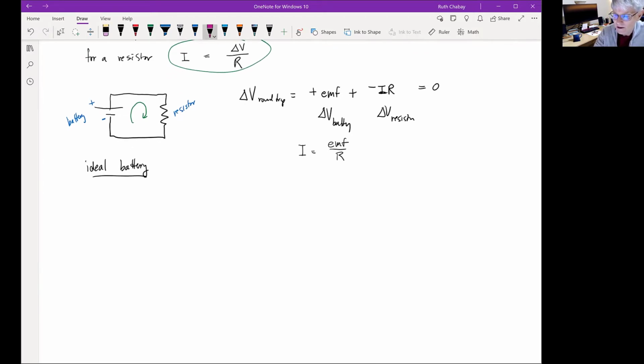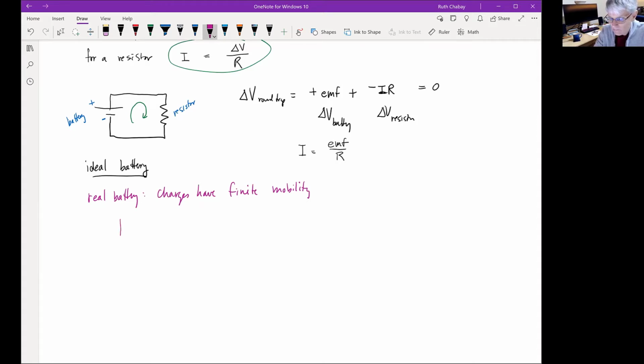So in a real battery, charges have finite mobility, and some of the work done by the battery just ends up heating the battery, trying to drag these charges through the battery. And so it acts as if there's really some resistance in the battery itself.